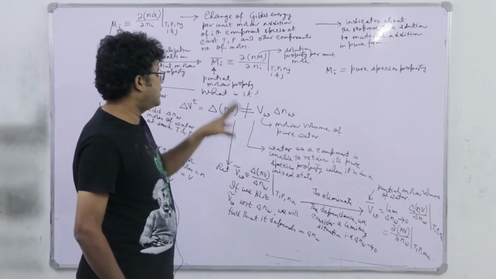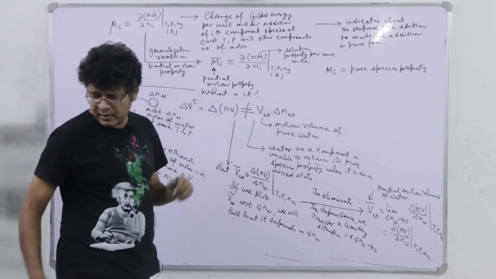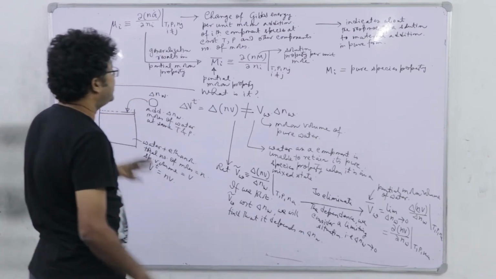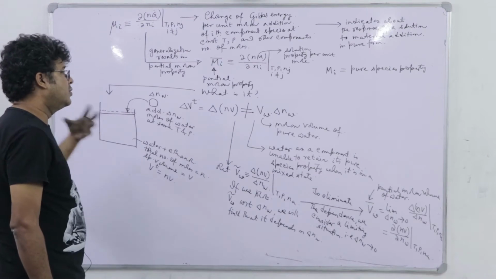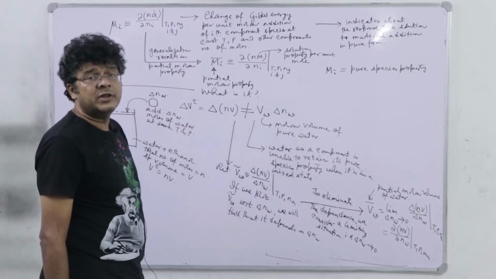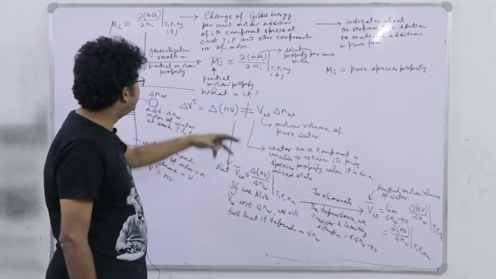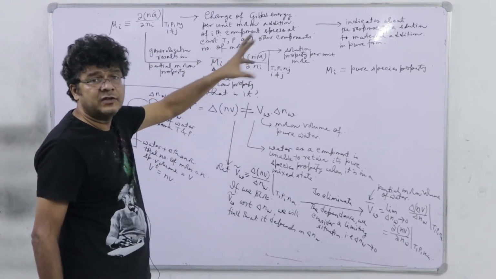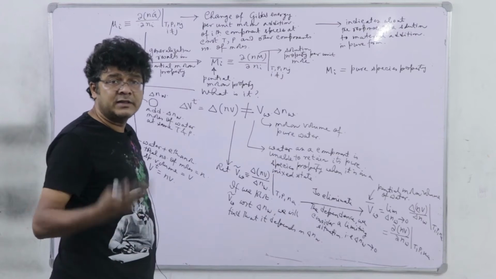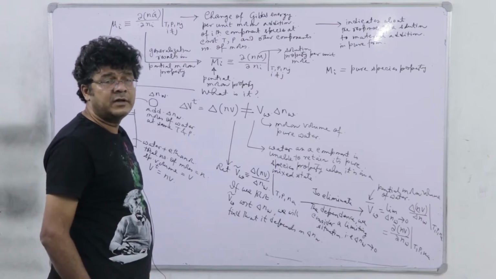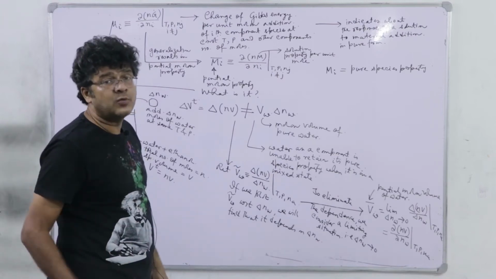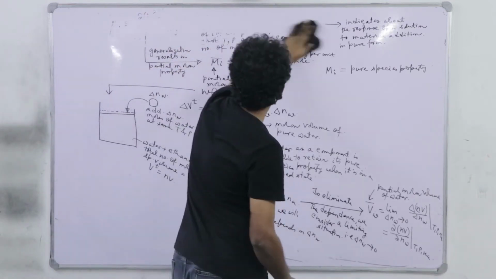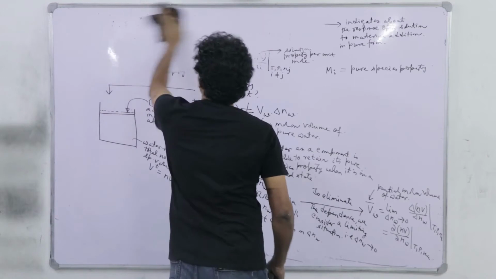So, once we have the basic theoretical framework regarding this partial molar property, next we will try to generate some relation between the specific solution property M and M i bar, whether there is any functional relation between them and what are the inherent properties of this M i bar, that we will try to understand.